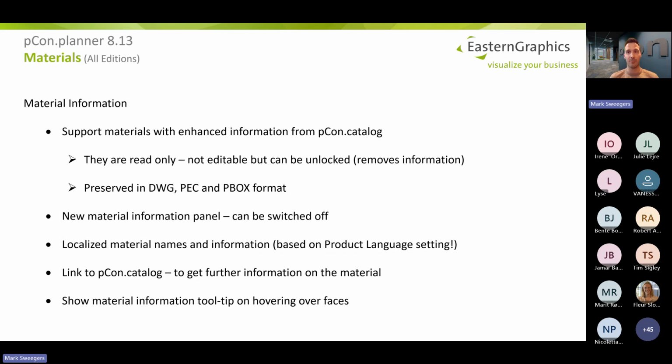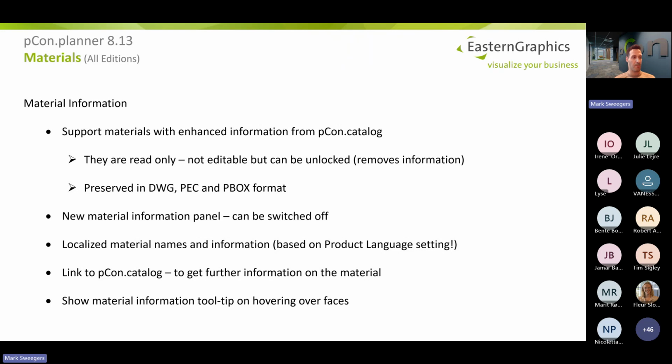Before I give you a concrete example, some more information about that. The materials that will be shown will initially be read-only, not editable, but can be unlocked via the material editor, which will remove information so that you can apply your own settings on the specific material. And it's preserved in DWG, PAC, and PBox format.